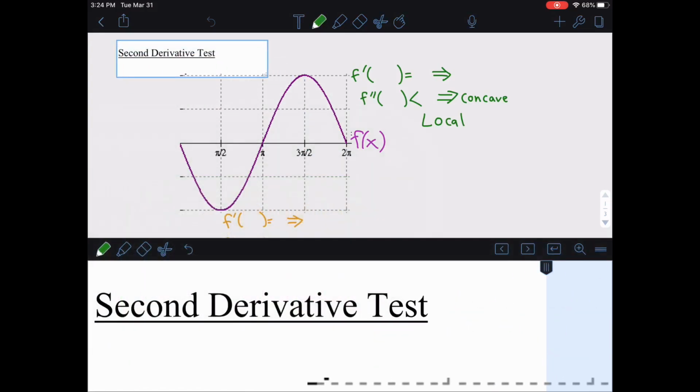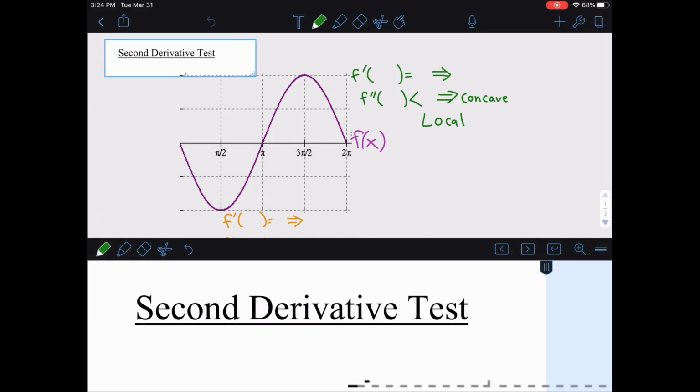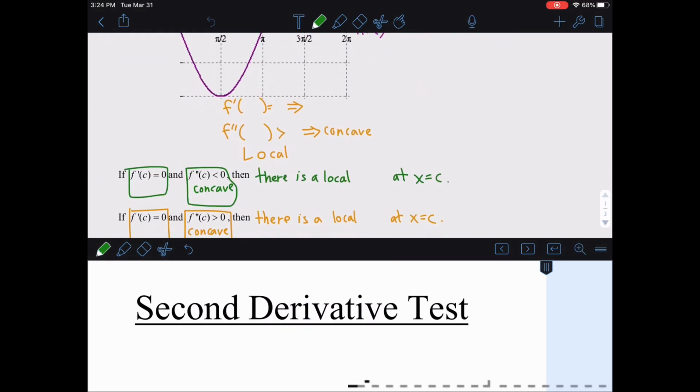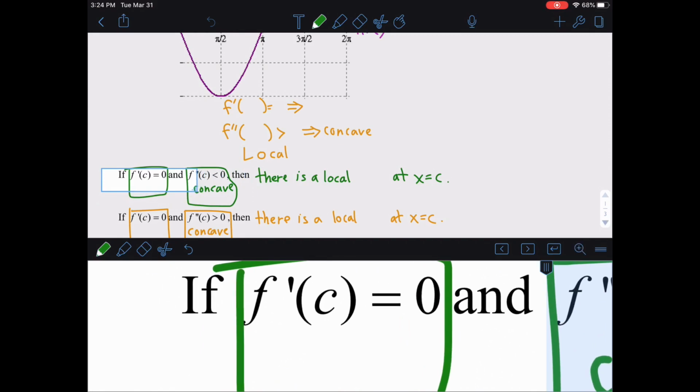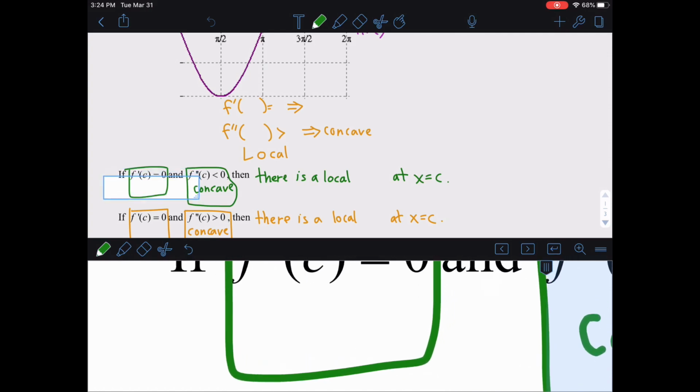What is the second derivative test? So here's what the second derivative test says. If f prime of c equals 0, so there's some c value for my function in its domain, if the derivative is 0, we call that c value a critical number.